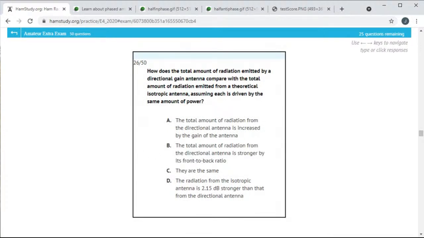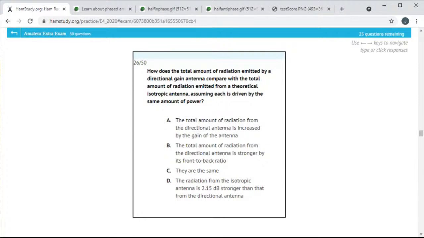How does the total amount of radiation emitted by a directional gain antenna compare to the total amount of radiation emitted from a theoretical isotropic antenna, assuming each is driven by the same amount of power? A, the total amount of radiation from a directional antenna is increased by the gain of the antenna.